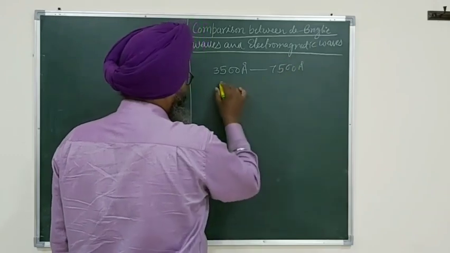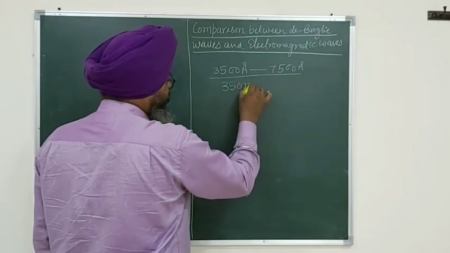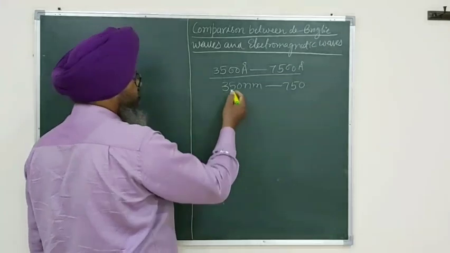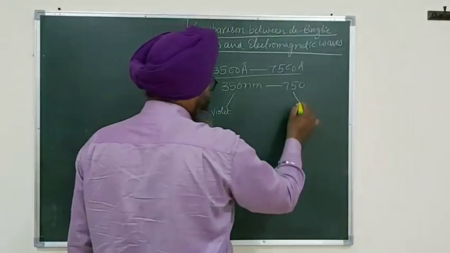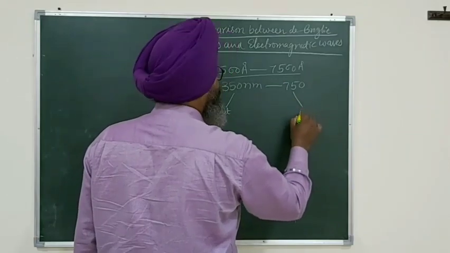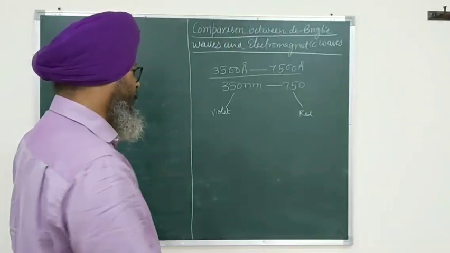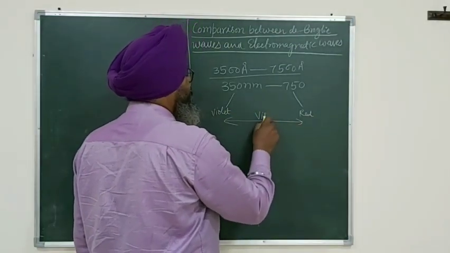In terms of nanometer, this will become 350 nanometer to 750 nanometer. The smallest wavelength corresponds to violet, and the longest wavelength corresponds to red, and the whole region from violet to red is called the visible region.